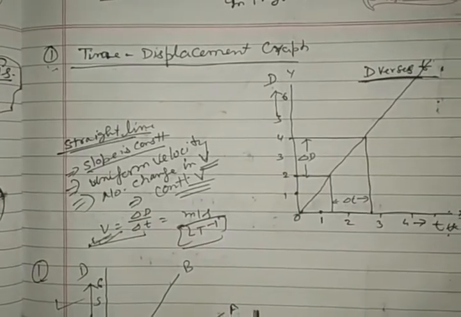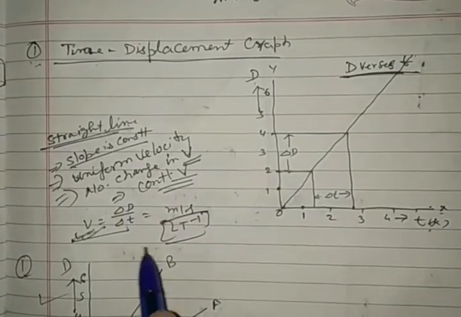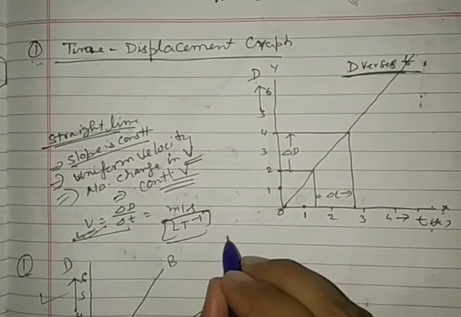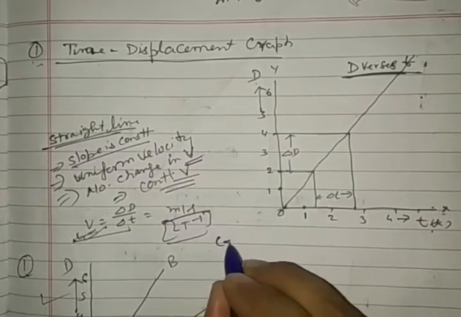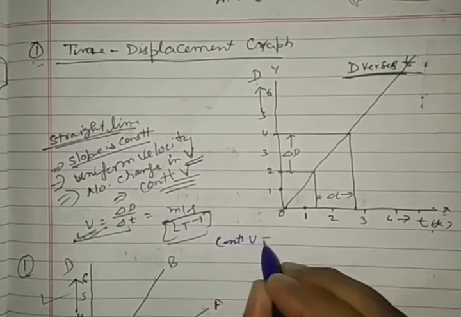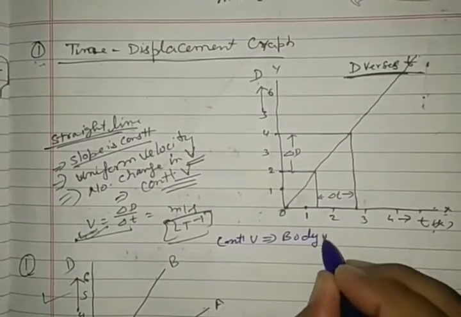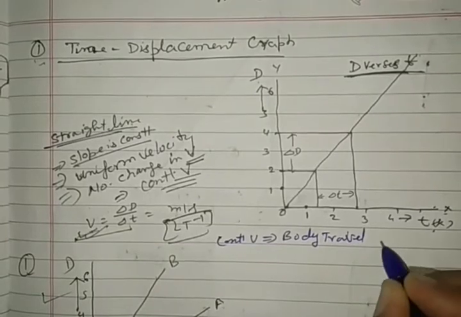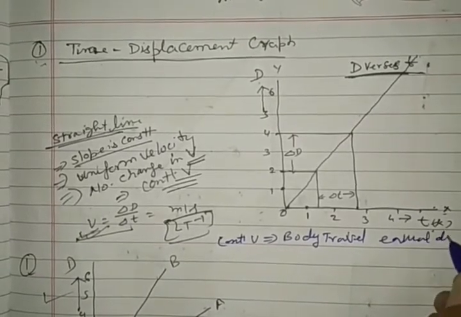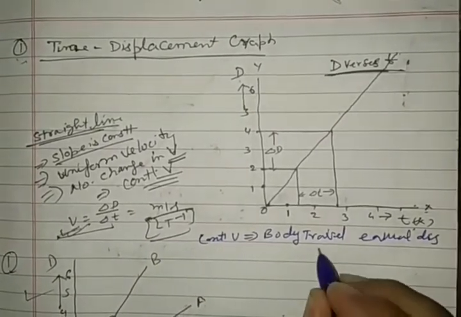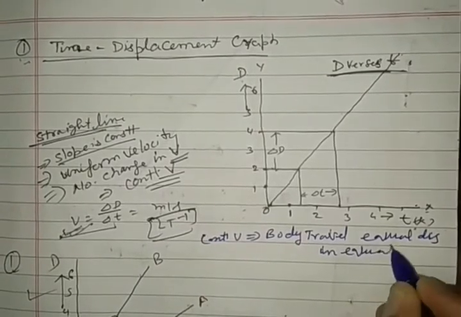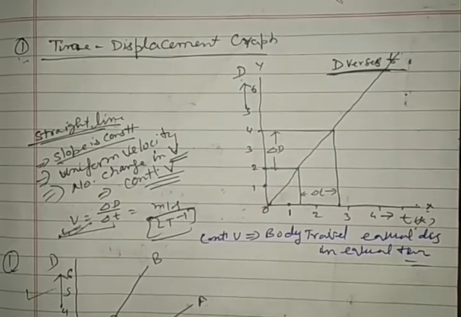Slope constant means velocity is constant, with no change in velocity. This constant velocity implies that the body travels equal distance in equal time. See, this is very important.